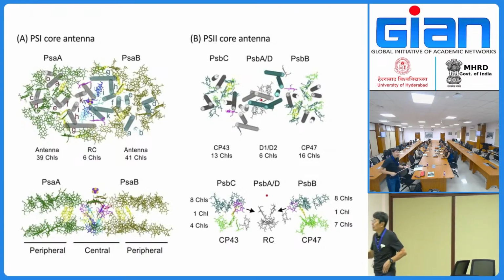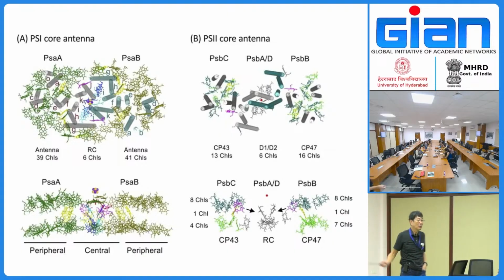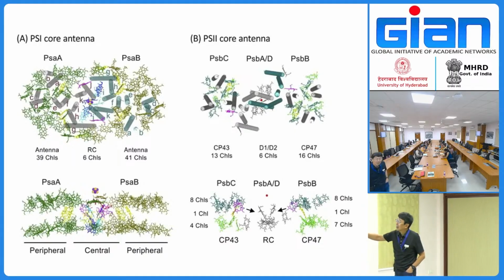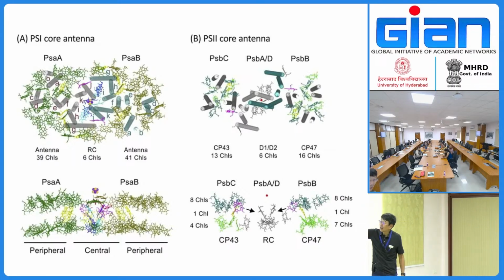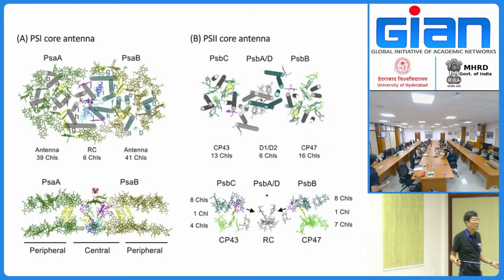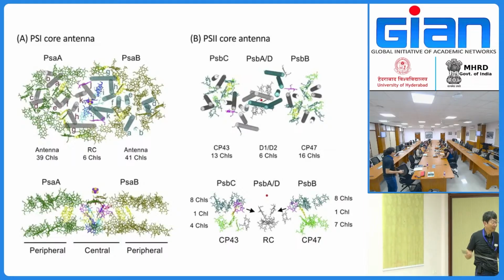And in the case of the PS1 and the PS2 core, no, this is not a light harvesting. From the stroma side, the pigments are distributed evenly, but if you look from the side, the stroma side, luminal side, pigments are more concentrated, right?